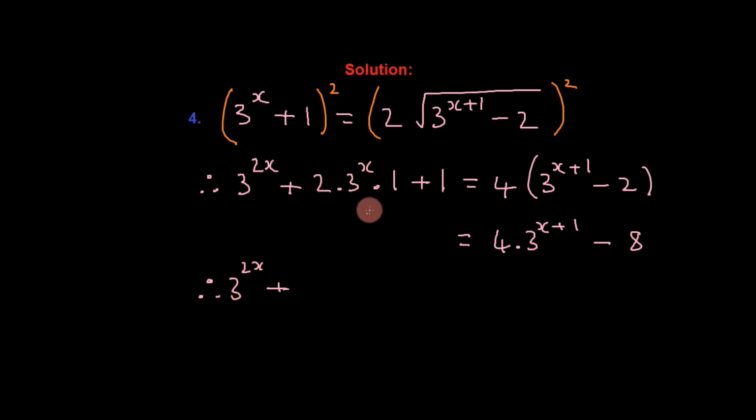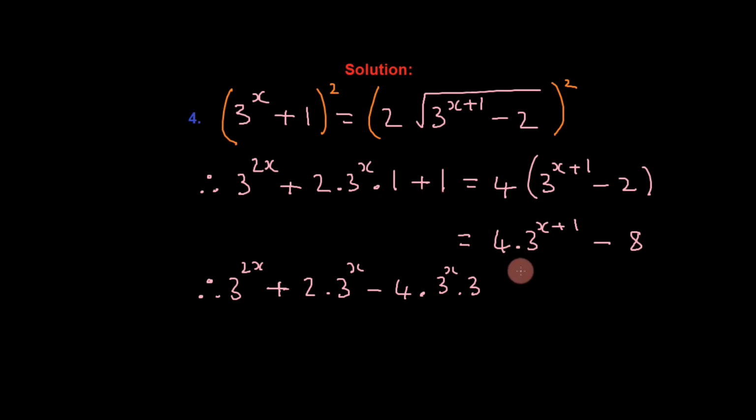Now 2 times 1 is 2. So we have 2 times 3 to the x. We're going to bring this term to the left-hand side as well. So it's minus 4. And I'm going to split up the 3 to the x plus 1 as 3 to the x times 3. Then we can bring the negative 8 to the left-hand side.